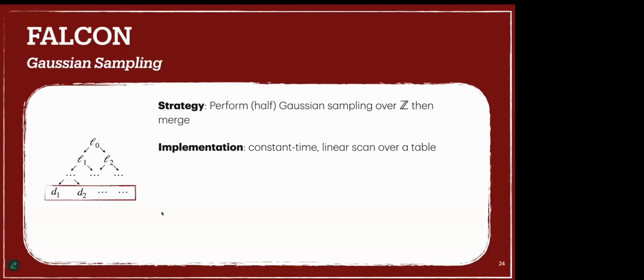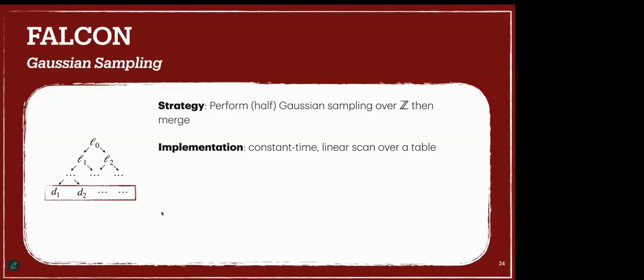So once we have those full Gaussians over Z, we're going to merge them, again using the structure, in order to go up in our tree. And we're going to use the node value as a parameter. Once we reach the root, we'll get a Gaussian sample over the ring.